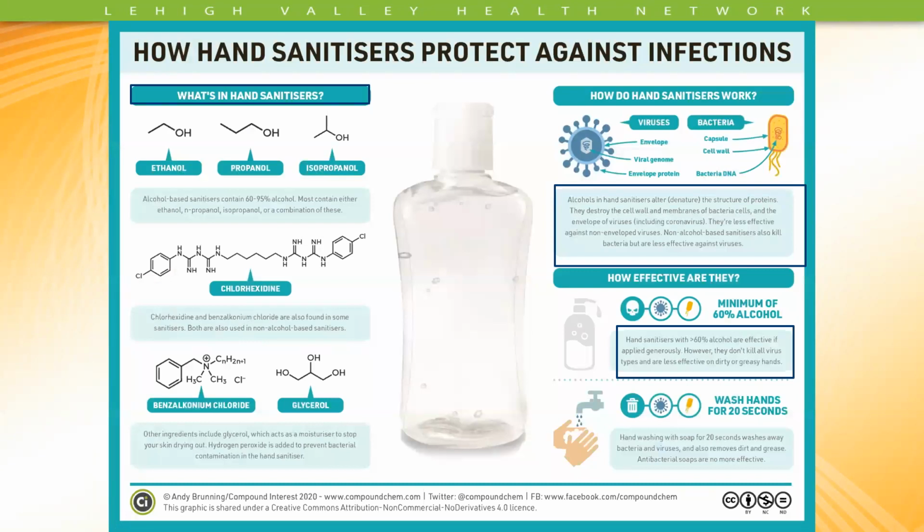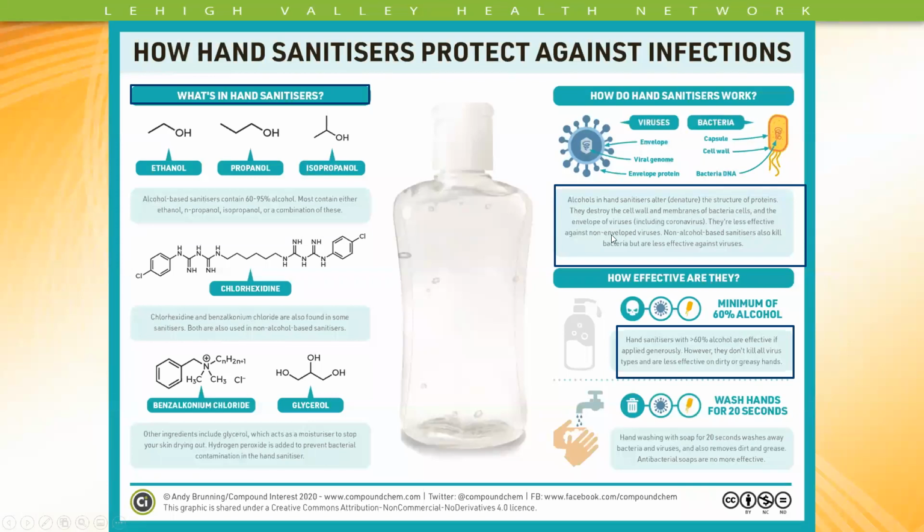Hand sanitizers aren't quite as effective, but the idea is that they need to be at least 60%. What they do is penetrate through the envelope and cause the alcohol to destroy the cell wall and membranes of the bacteria cells and viruses.